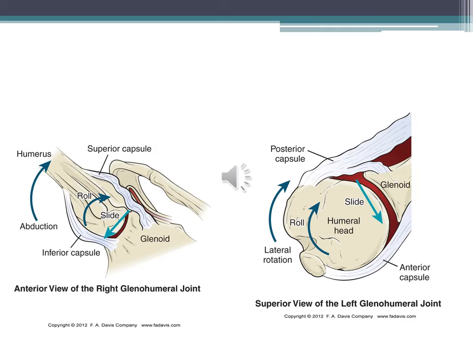However, when you flex your shoulder, you primarily have spinning, but you do get a slight amount of anterior slide at the end. So at the end of the flexion range of motion, you do get some anterior slide, and at the end of extension, you do get some posterior slide. So again, flexion, extension, primarily spin. At the end range of motion, you do get a slight amount of sliding occurring.